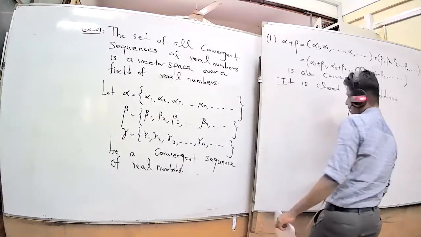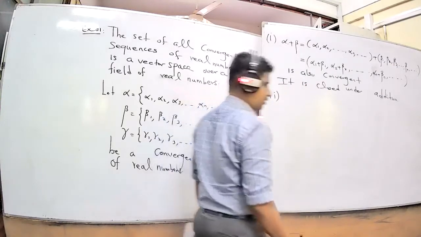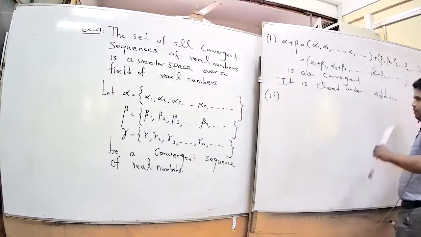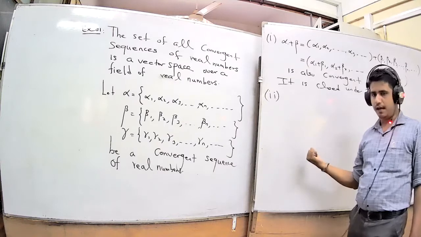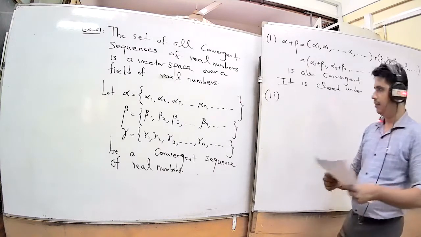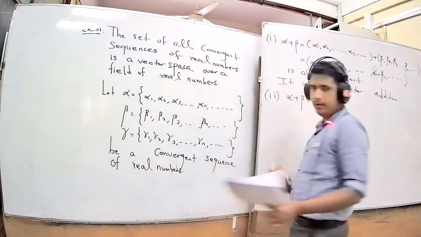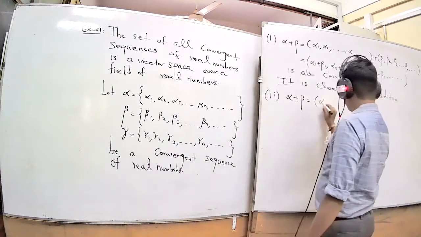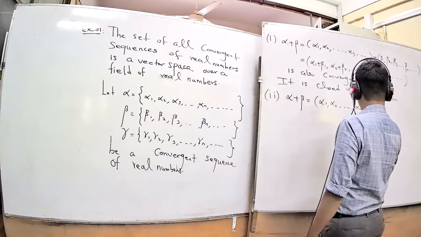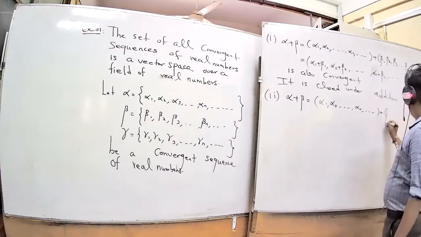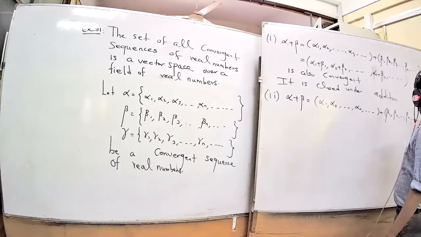Next, we want to check axiom number 2, commutativity. The claim is alpha plus beta equals beta plus alpha. Let's take alpha plus beta. Alpha plus beta means alpha 1, alpha 2, and so on, alpha n, plus beta 1, beta 2, and so on, beta n.